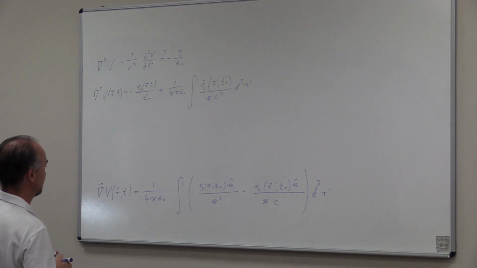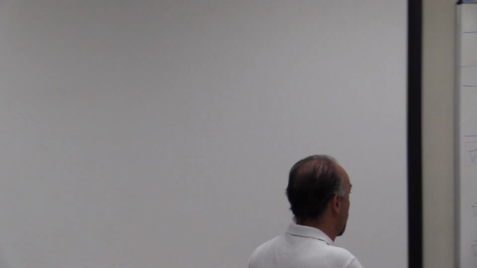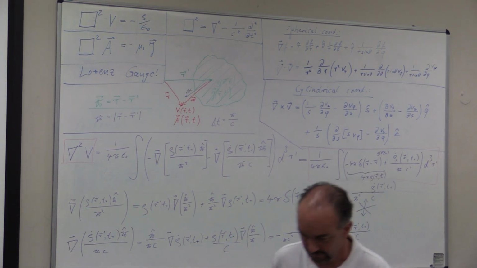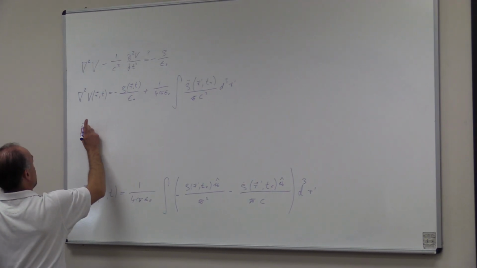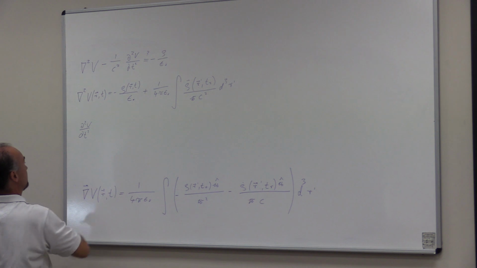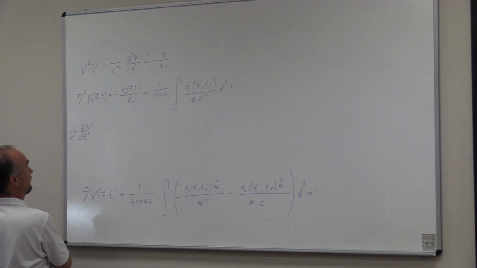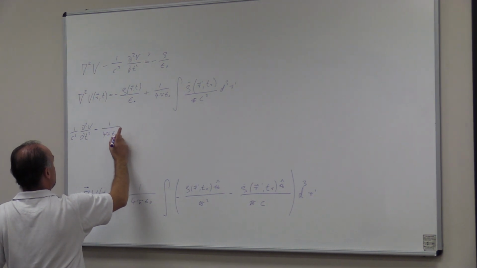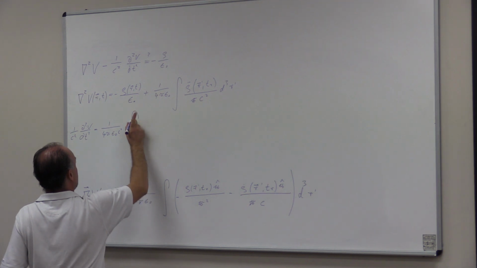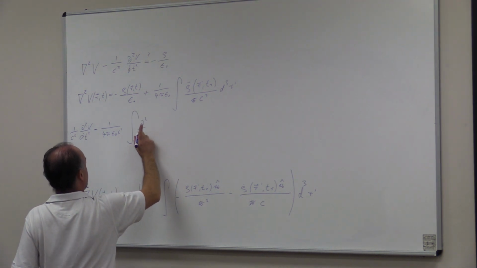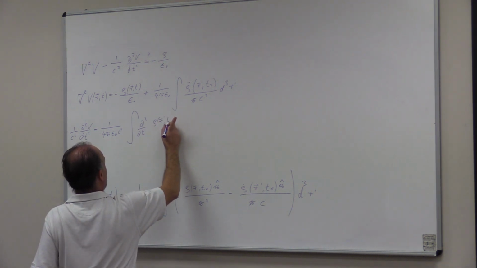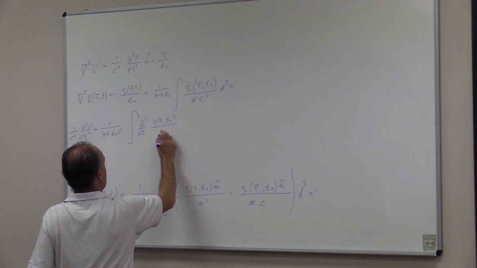But you can easily see from this, if you take the second time derivative, d2V over dt squared, let's just make it 1 over c squared along with that. So that is 1 over 4 pi epsilon naught c squared integral, so we have the second time derivative of whatever we're integrating here, rho of r prime and retarded time over r.